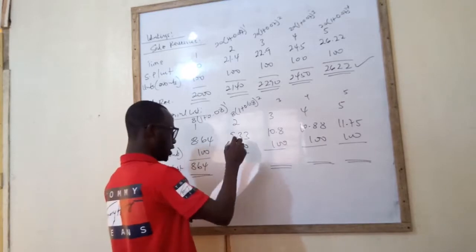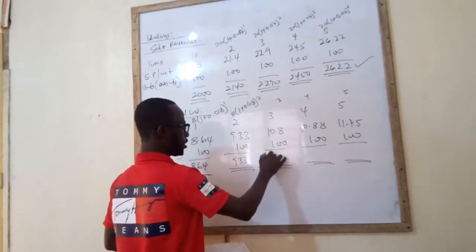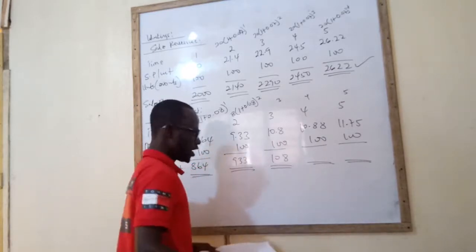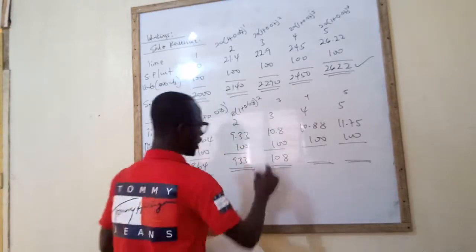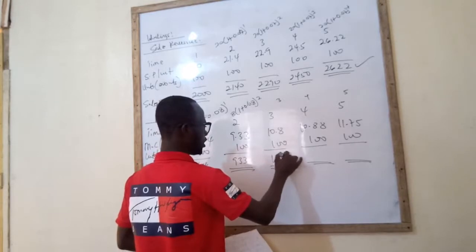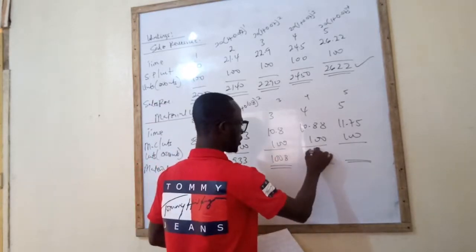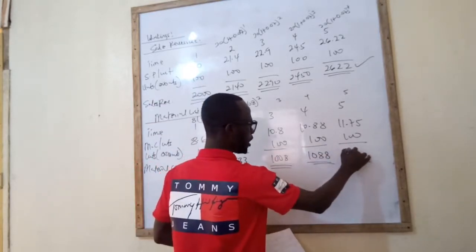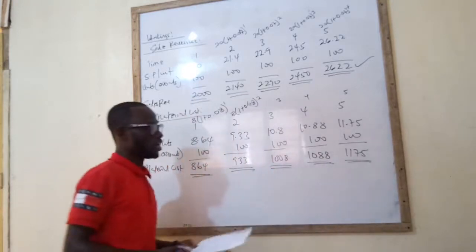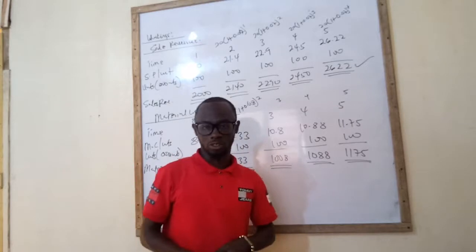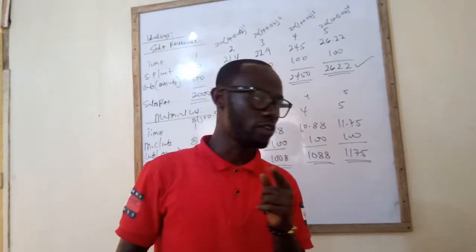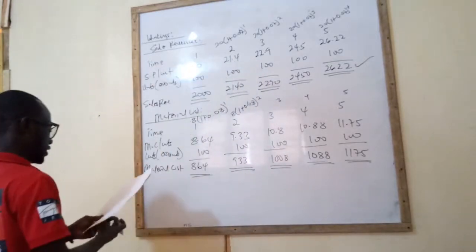Then here is going to be 933, then 1008. Then here will be 1088, and here will be 1175. So that is also about the material cost. Very, very important. Third is the labor cost.